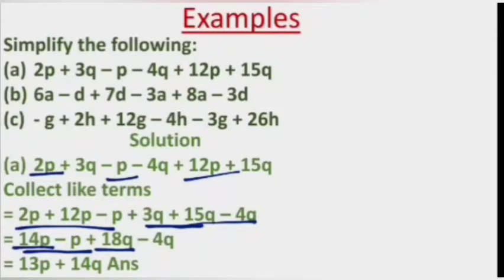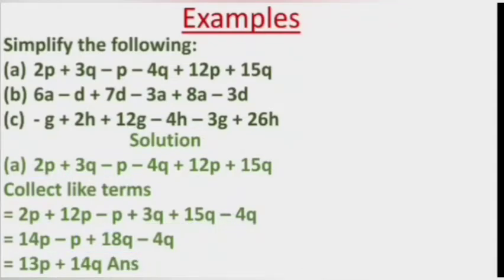This p means 1p, the same thing, but the 1 is silent. So we have 13p plus 18q minus 4q, which gives you 14q, as our answer. You can see it's very simple, as simple as that.